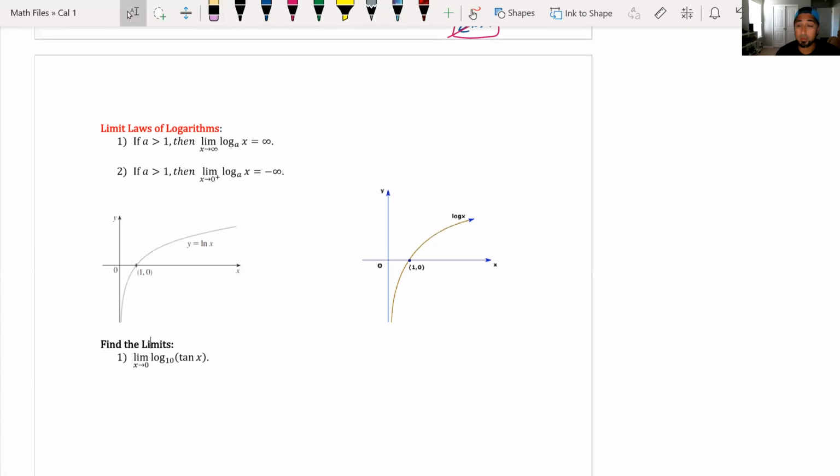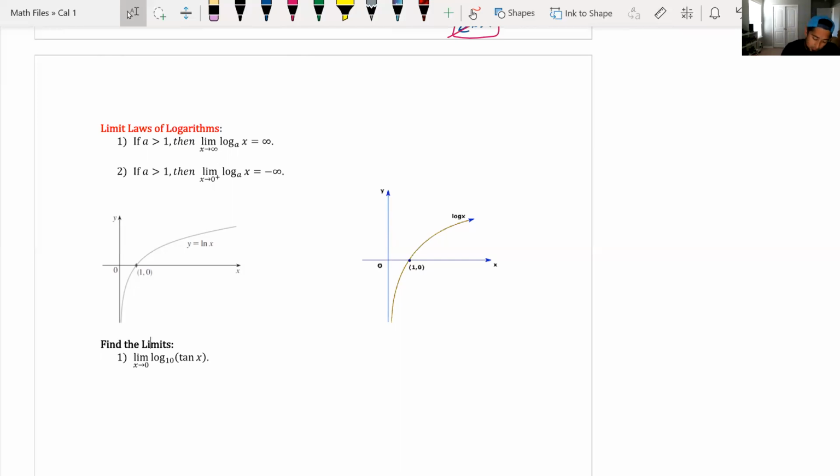The limit as x approaches 0 of log base 10 of tangent x. Okay. Once again, we have a composite function. You have a composite function made of the log function and the tangent function, which means you can apply the limit inside to the tangent function.